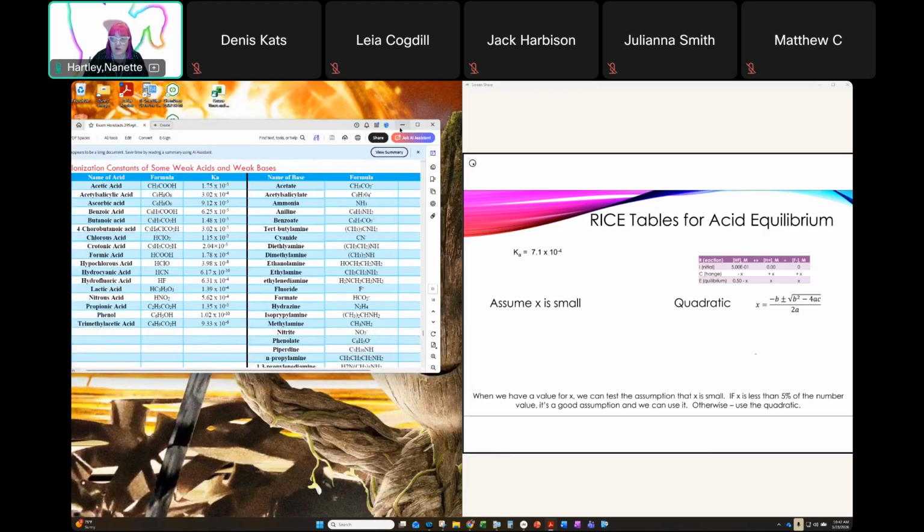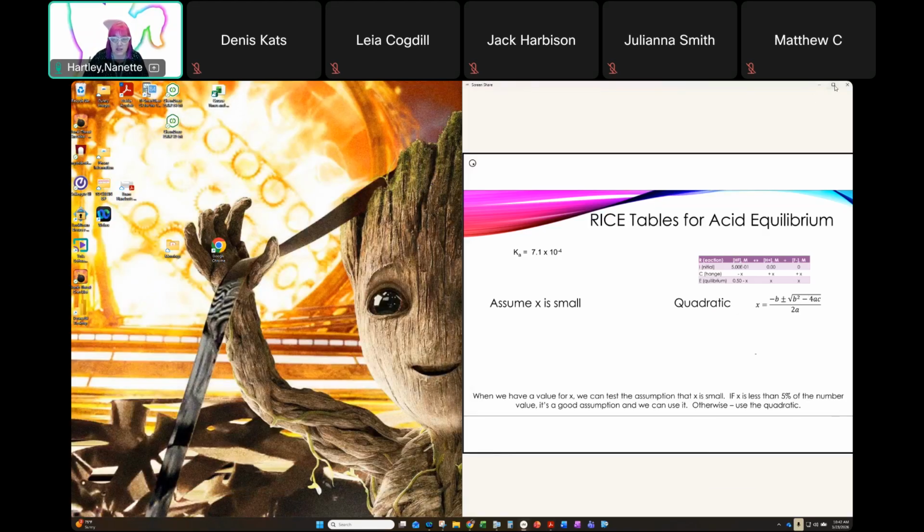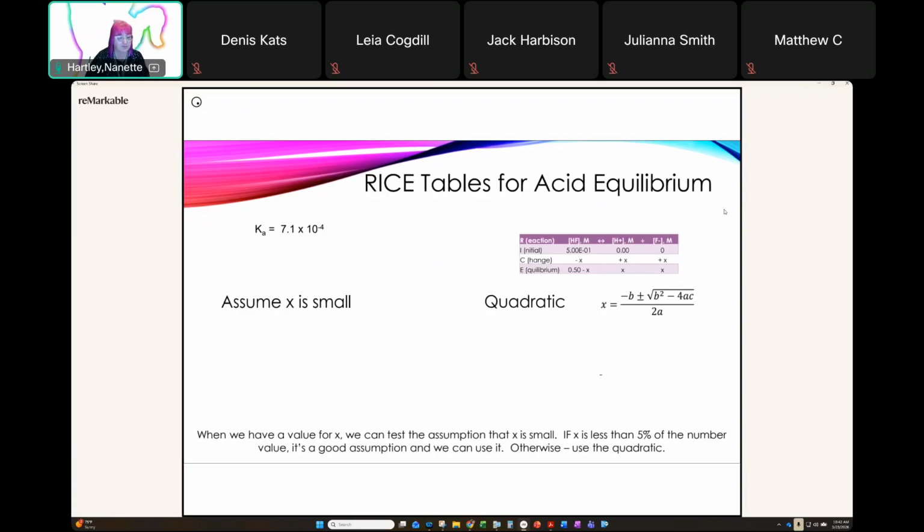So that's what we're going to be talking about, is how do we do that using those K expressions that we have. So if I am looking at an acid, this is HF, and it breaks up to give me H plus and F minus.